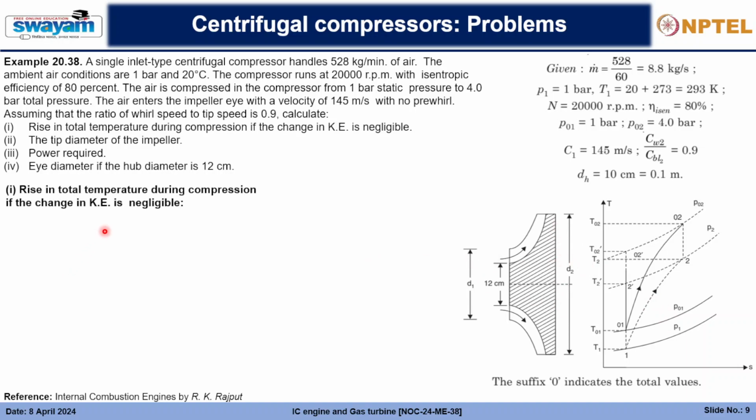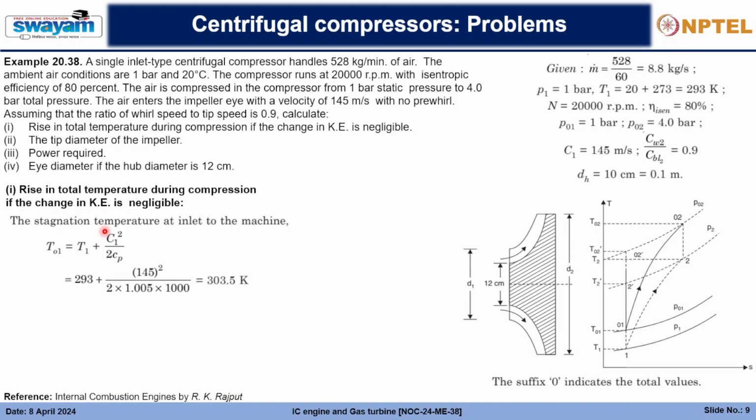So, total rise in temperature during the compression, if the change in kinetic energy is negligible. For that we'll first calculate the stagnation temperature at the inlet to the machine. That is T1 plus C1 square by 2Cp, and we plug in the values, we will get 303.5 Kelvin.